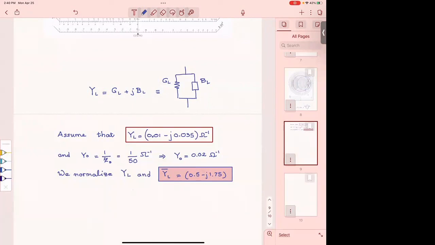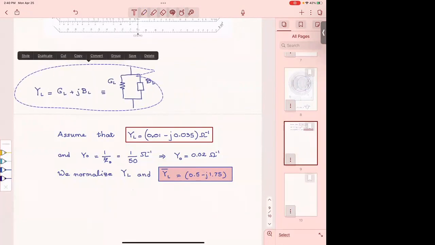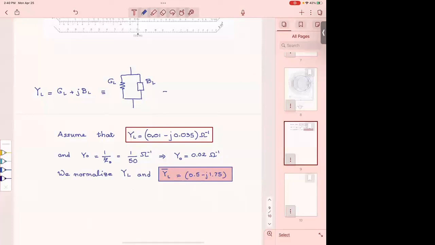Oh, it's an inductor, all right? Why is that? If I were to write it here, this would be practically a combination of these two. Why is that?